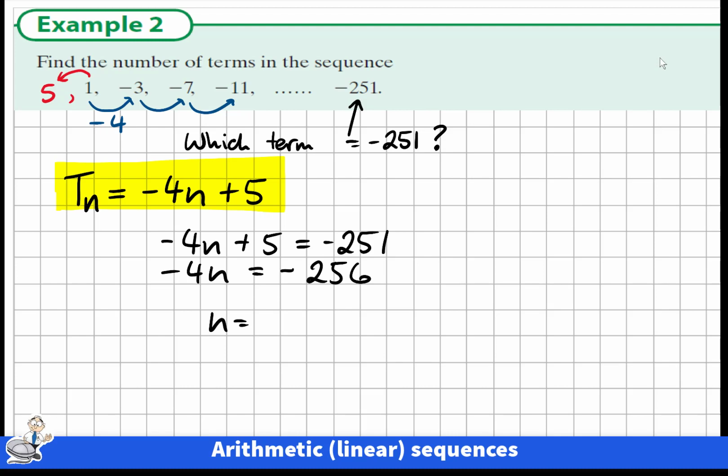So if that's true, n must be equal to 256 divided by 4, which is equal to, calculator here, 64. So what I'm saying is term 64 is equal to -251, and the question asked was how many terms. There's 64 terms in that. How does that seem?